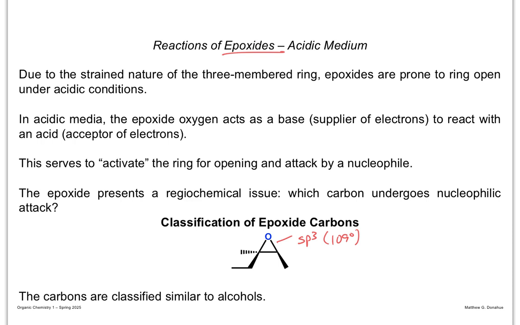You've taken this normal bond angle and compressed it down to about 60. Remember, for a triangle, the internal angles all have to add up to 180, so we can say that those three angles are all 60. There's quite a bit of angular compression, which is strain, and strain means reactivity.